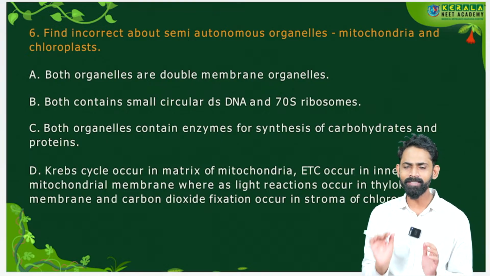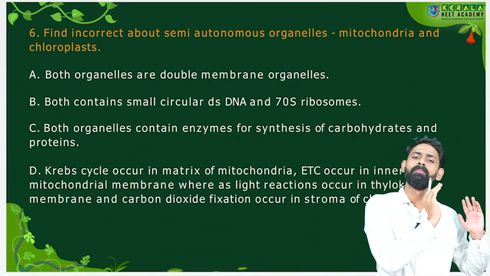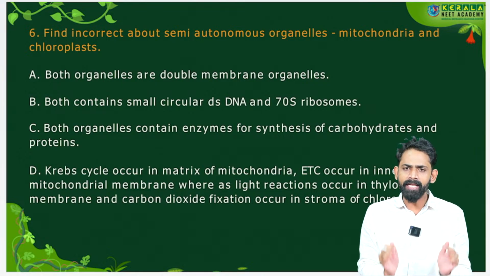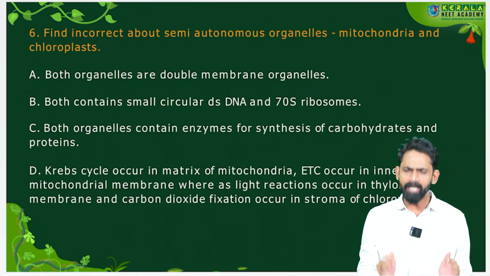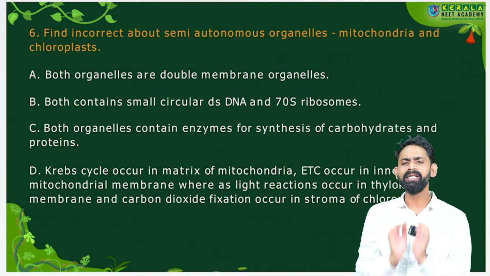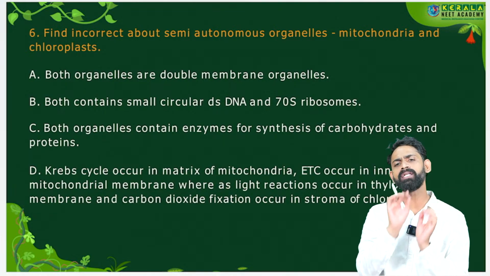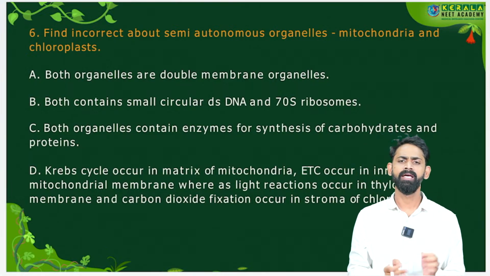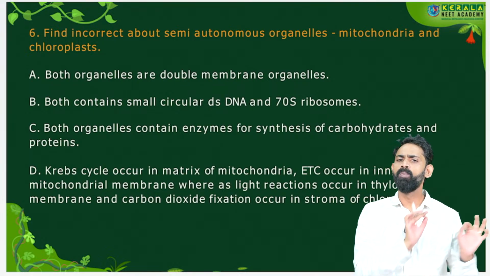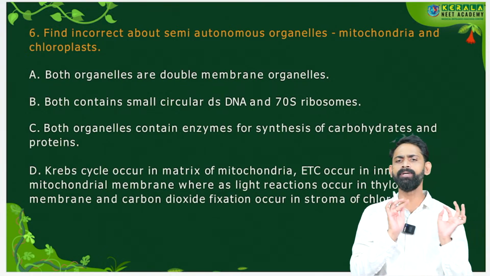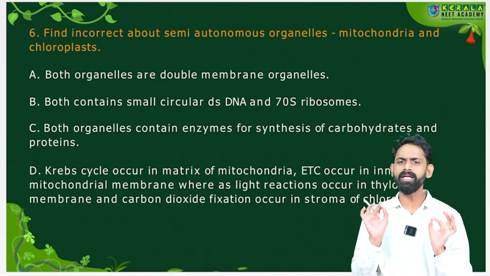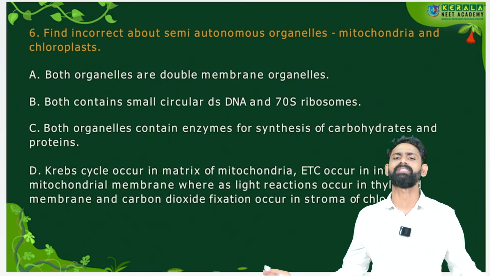Both mitochondria and chloroplast contain DNA and both contain 70S ribosomes. When DNA is present, it involves transcription, giving mRNA. Ribosomes are present, so mRNA undergoes translation. So both mitochondria and chloroplast contain the enzymes required for protein synthesis.